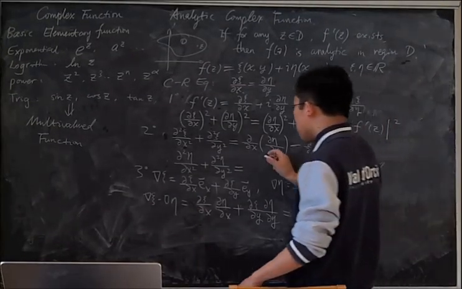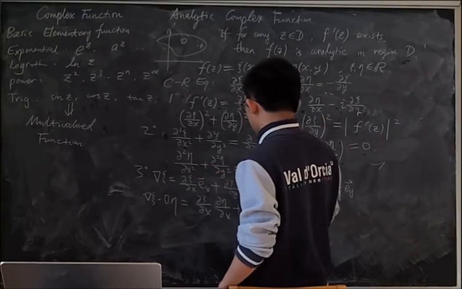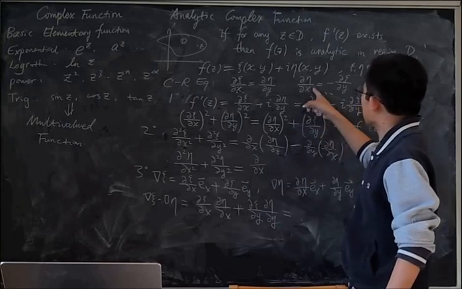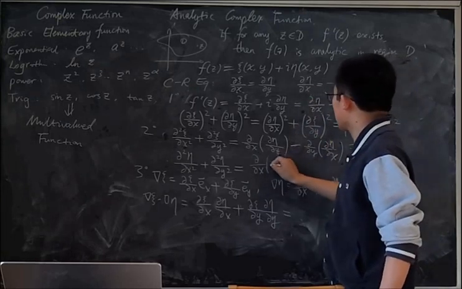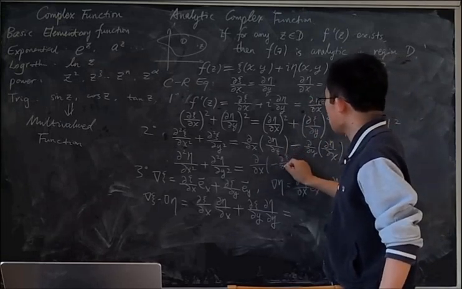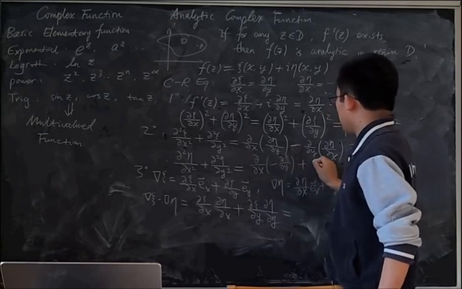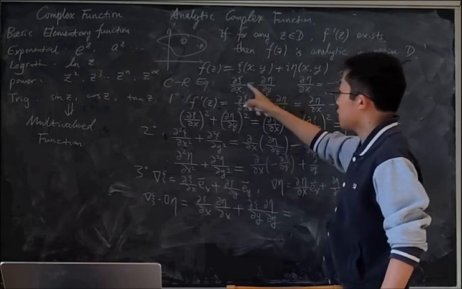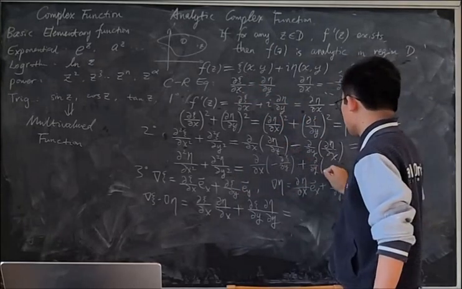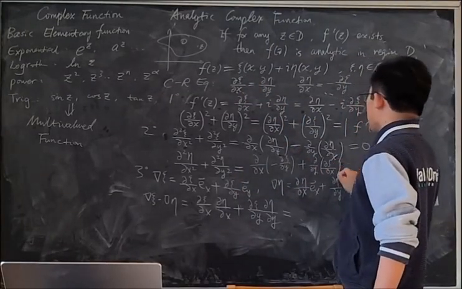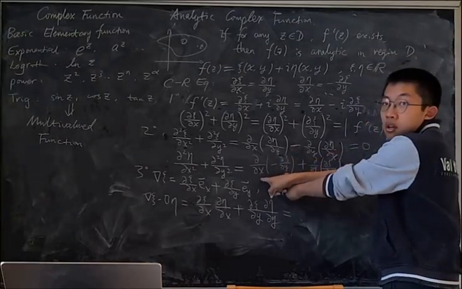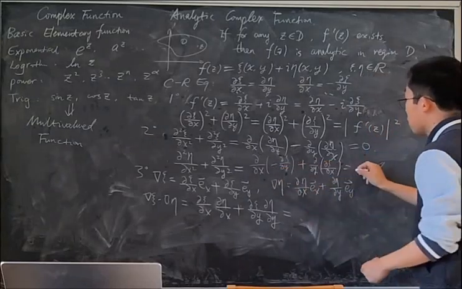And by the same principle, this derivative becomes partial over partial x of partial eta over partial x, which I write as negative of partial cosine over partial y. And over here, partial over partial y of partial eta over partial y, I write as partial cosine over partial x. Again, the same function, we're just interchanging the order of the derivative, which doesn't matter, so this should also be 0.